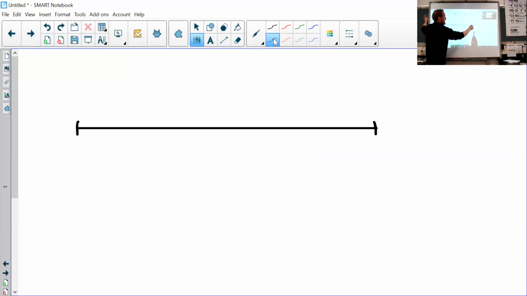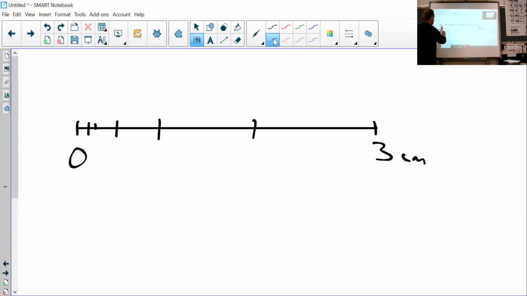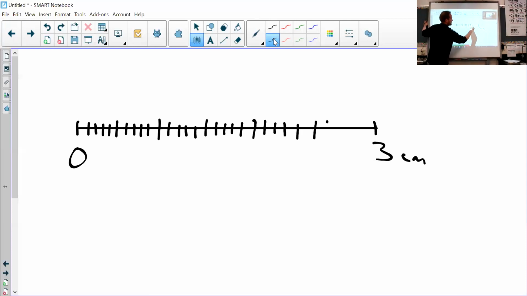All right, let's say this is 3 and 0 centimeters, 2, 1, and then we have this. Notice a difference.